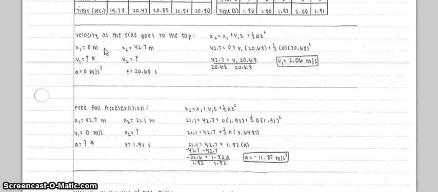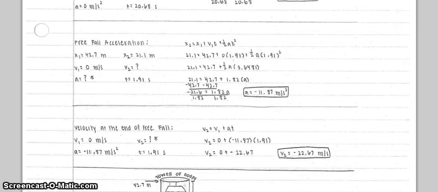Acceleration is assumed to be 0, and the time is 20.68 seconds because that's how long it took to get from the ground to the top of the ride. After plugging in what I know into the equation and solving, I got that v1 is 2.06 meters per second.